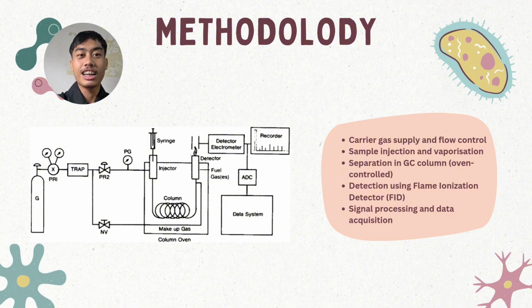Hydrogen and air are supplied as fuel gases to generate a flame, and ions produced during combustion are detected. The detector signal is amplified, converted into digital form, and then processed by the data system. Finally, the results are displayed as a chromatogram showing detector response versus retention time.